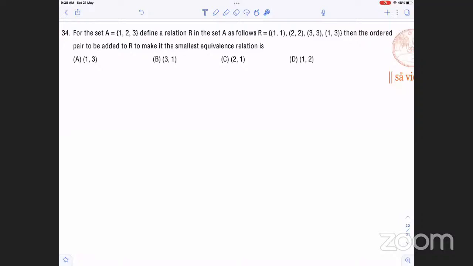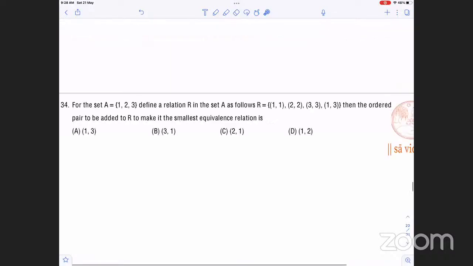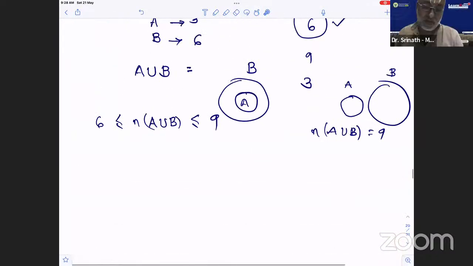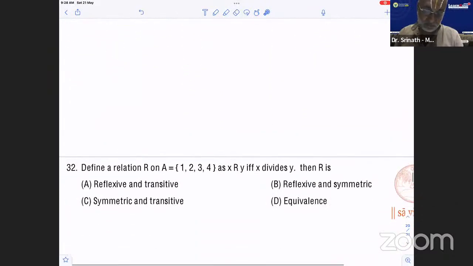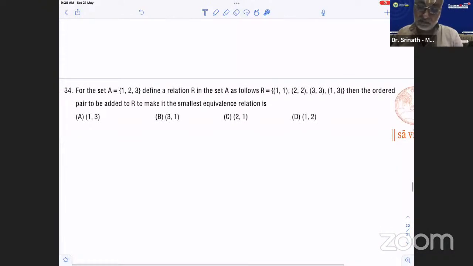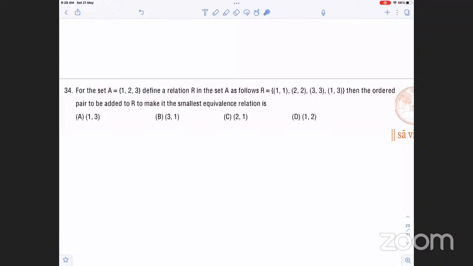Sir, there is one question regarding the maths. What is the answer for question 33? I had some network issues. Question number 33. Yeah, for the set A = {1, 2, 3}, define a relation on the set A as follows: (1, 1), (2, 2), (3, 3), (1, 3).